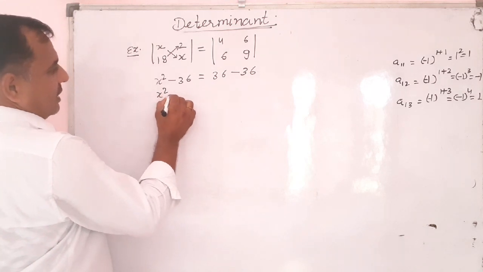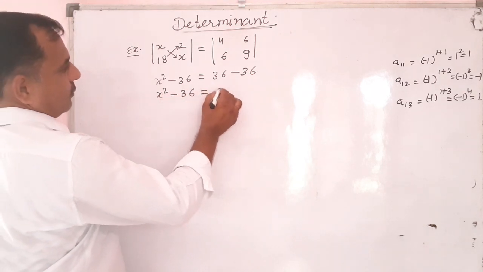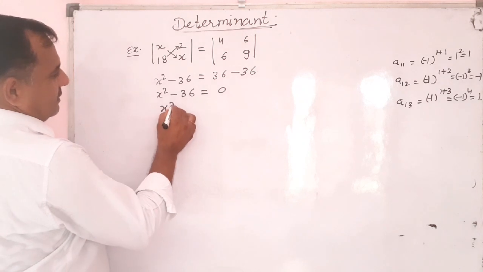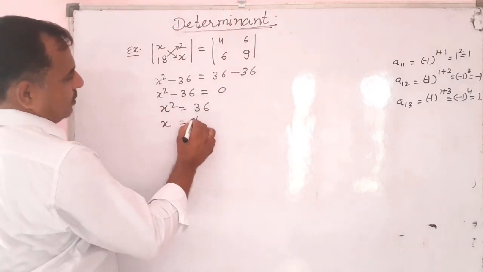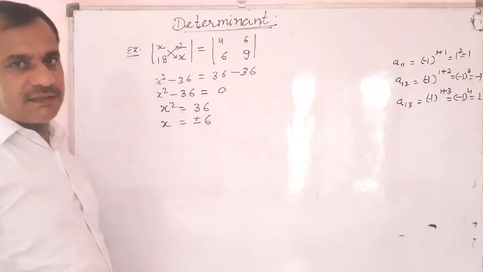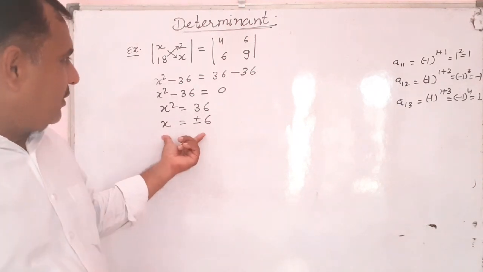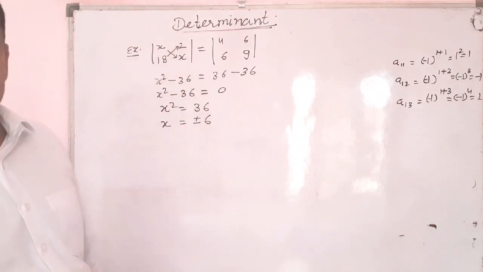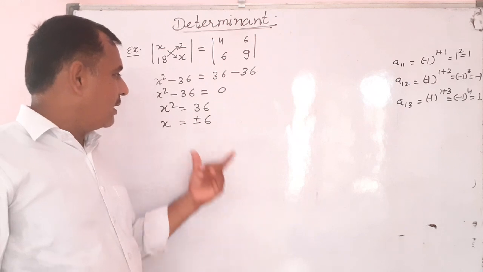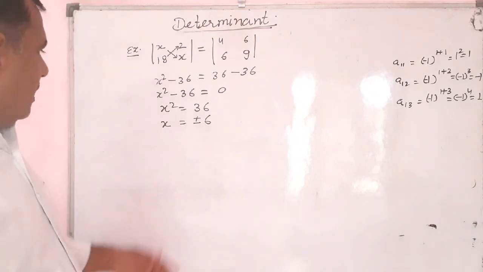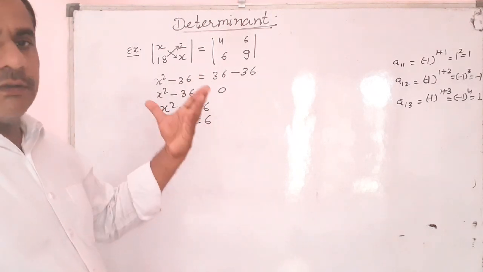Then x square minus 36 equals 0. Then x square equals 36. Then x equals plus minus 6. Then we can find the value of x in such a type of examples. And value of x is plus minus 6.